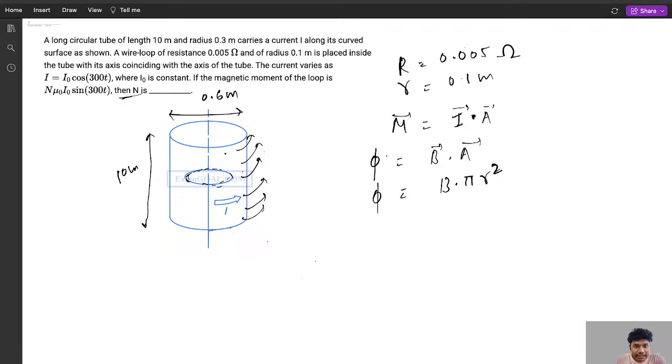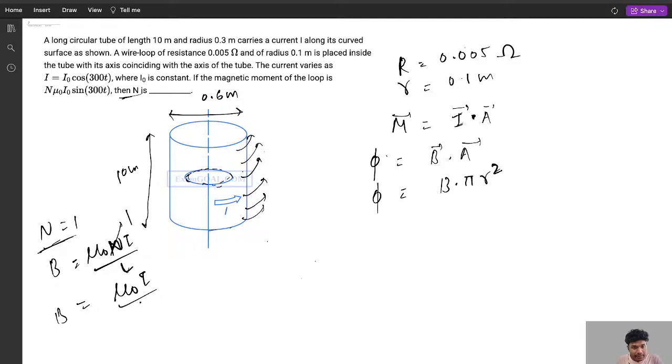If we consider this as a solenoid, the number of turns is 1, because it is a single wire, not divided into n small parts. It is one whole complete turn, and we can consider it as a solenoid, and B is equal to mu naught N I by L, where capital N is equal to 1, that is B is equal to mu naught I by L, right?